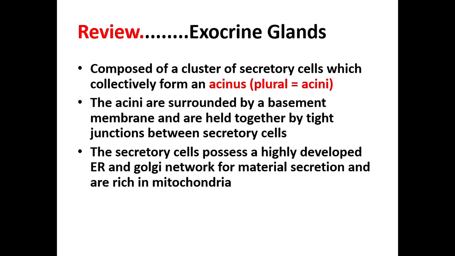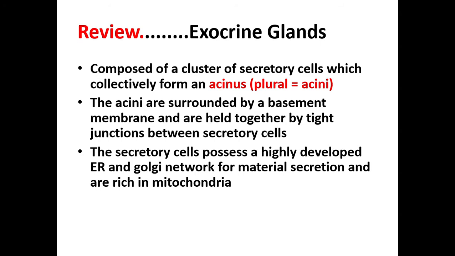The exocrine glands are composed of a cluster of secretory cells which collectively form an acinus or acini. The acini are surrounded by a basement membrane and are held together by tight junctions between secretory cells.